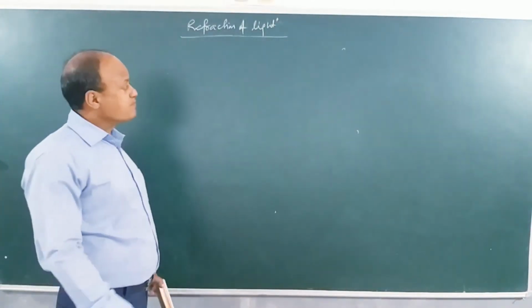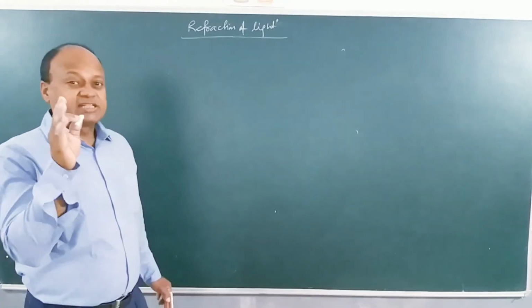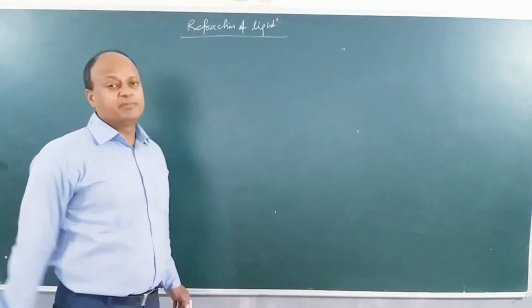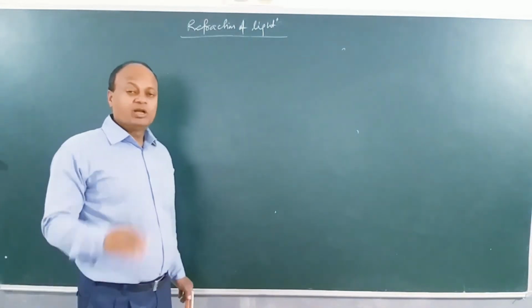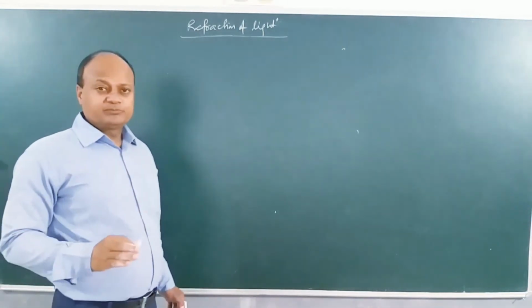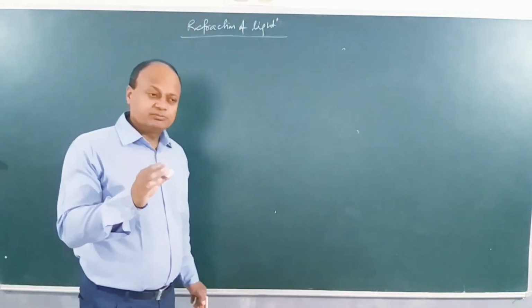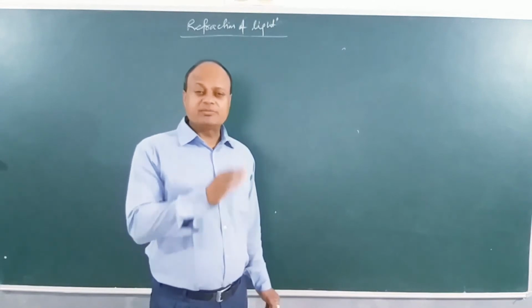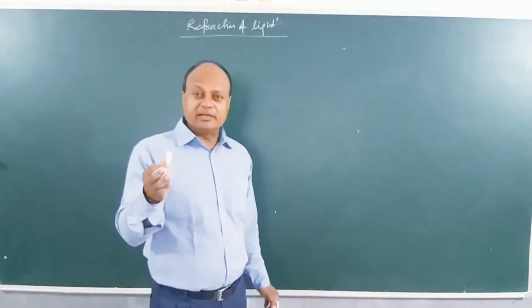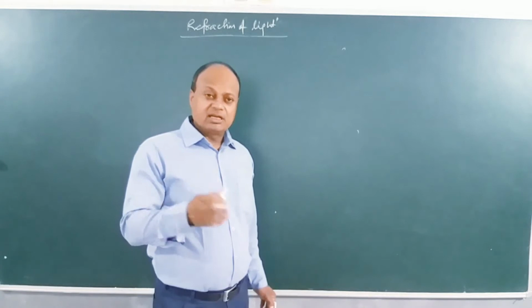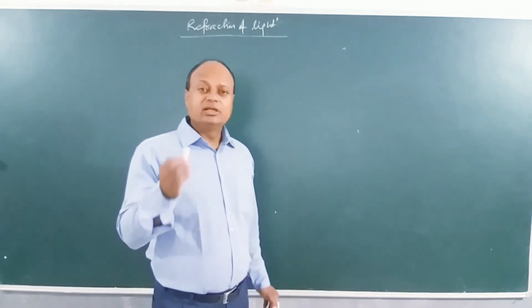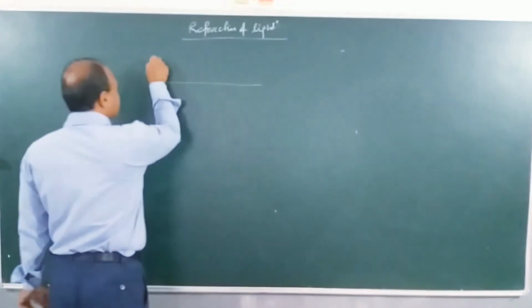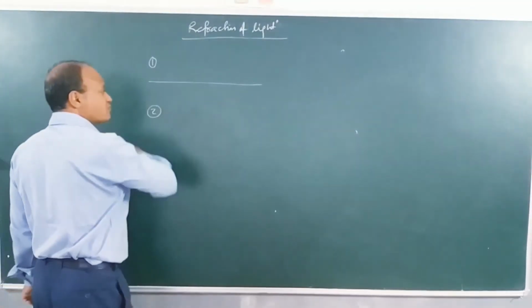You know what is a transparent medium? A transparent medium is a medium through which light can pass. Now, when a light ray travels from one medium to another medium, when I am saying medium, I am talking about a transparent medium, not an opaque medium. This is medium 1 and this is medium 2.